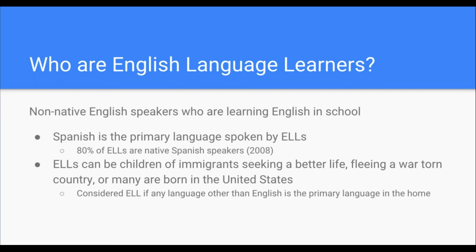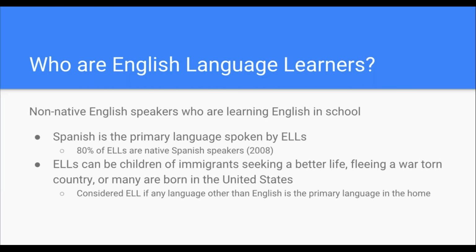So who are English language learners? They are defined as non-native English speakers who are learning English in school. So this basically means that their home language is something other than English. They are designated by the registration paperwork almost all of the time.